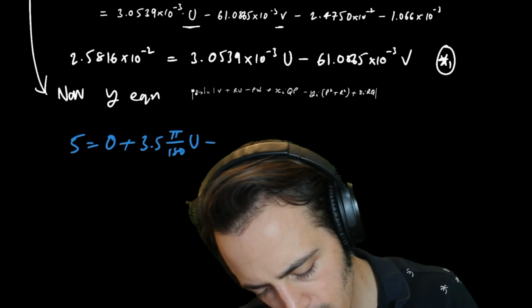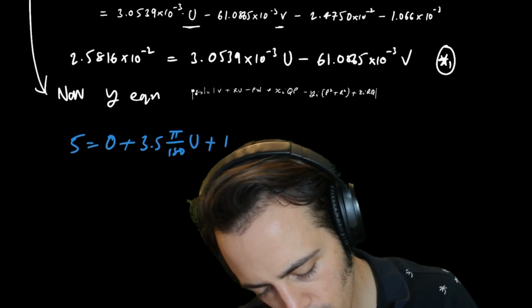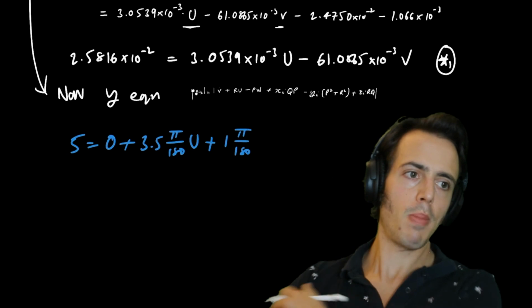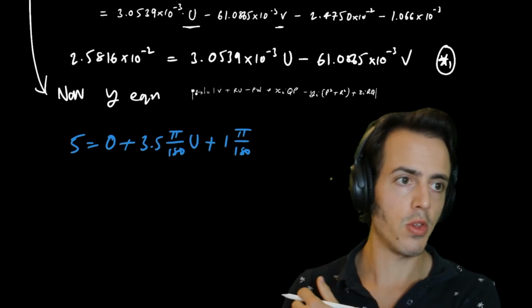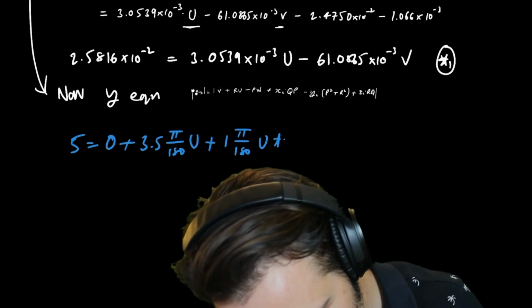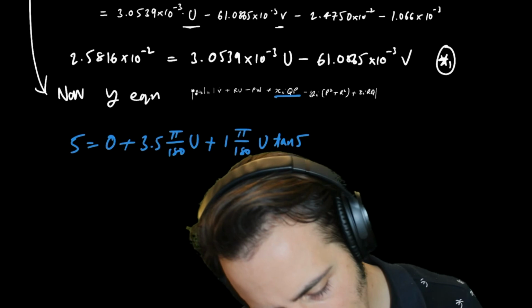So that's minus. So it then becomes a positive because it's a minus 1. So it's 1 multiplied by pi on 180 multiplied by w. Now w we already said was u tan 5. So that becomes u tan 5 plus this next one, xi qp.